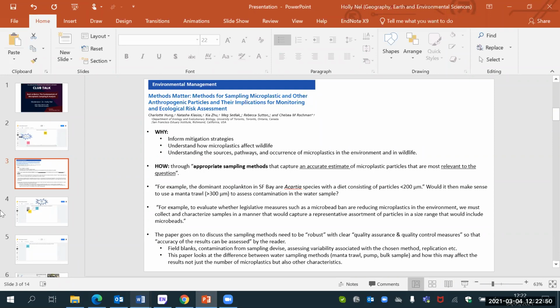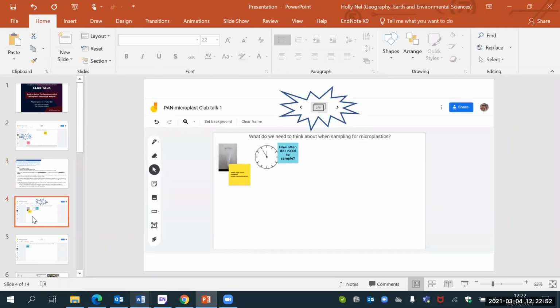So again, while I'm talking, really these are just ideas to spark conversation, but go through the Jamboard, because the next slide on the Jamboard is, what do you need to think about when sampling for microplastics? We know that microplastics are very diverse in sizes, shapes, colors, additives, fillers. All of these are going to have an effect on how they behave in the environment.